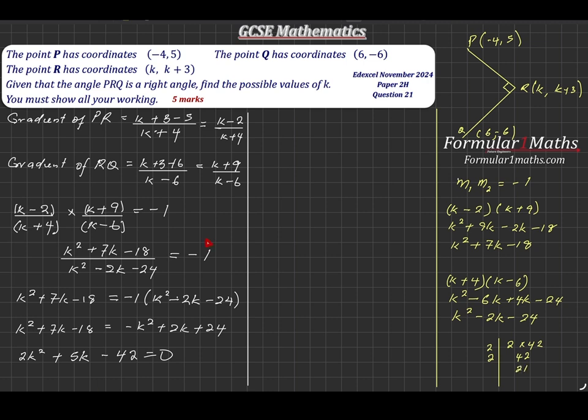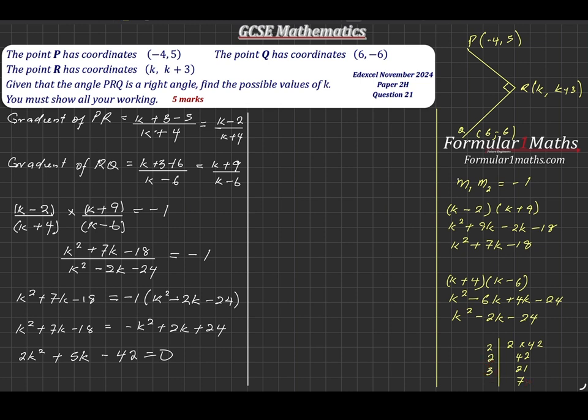And 3 goes into 21 7 times. So now I have this factor, 7. And then 3 times 2 will give me 12. And I can see that the two factors I need will be 12 and minus 7.